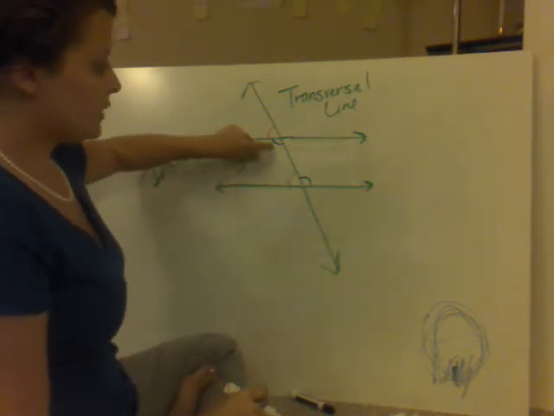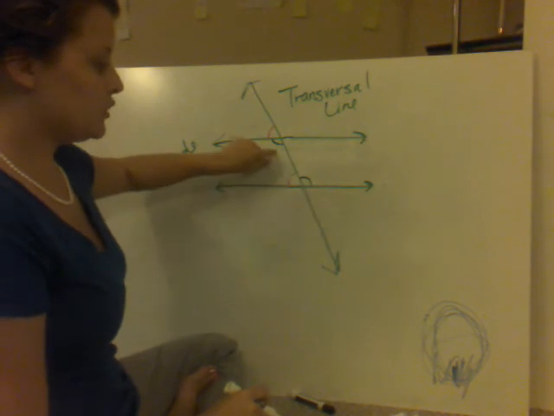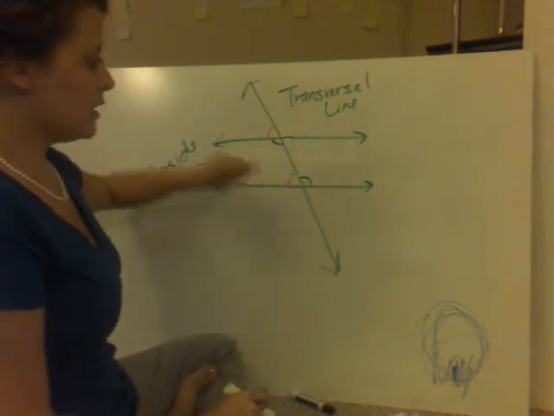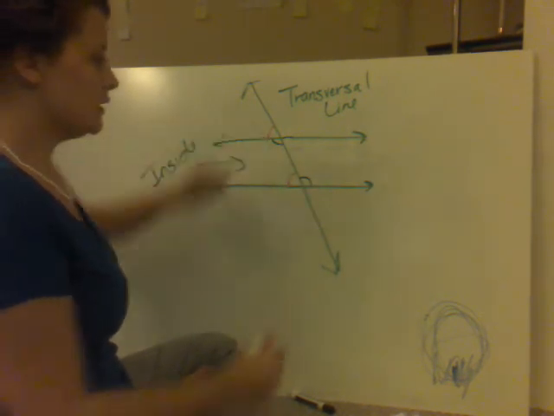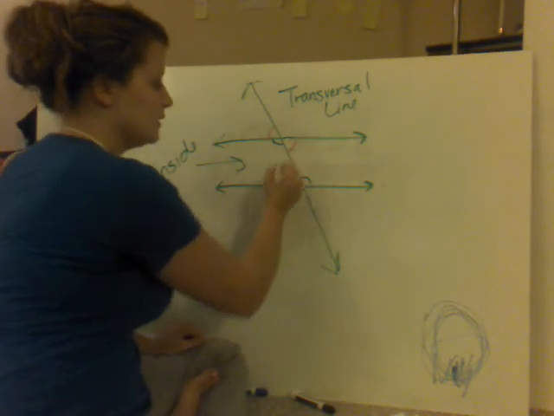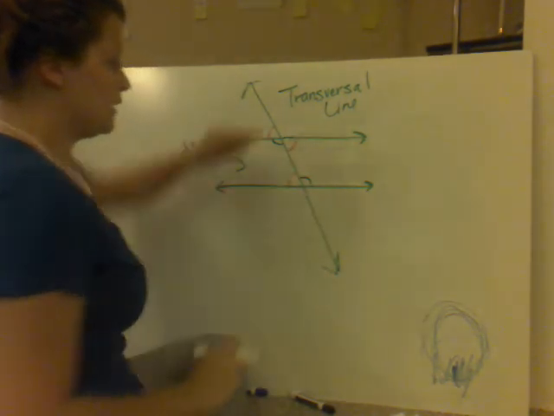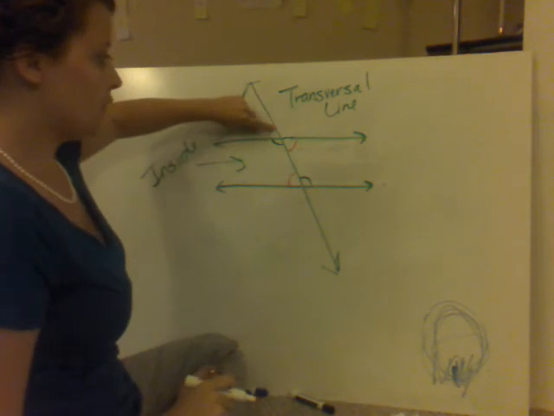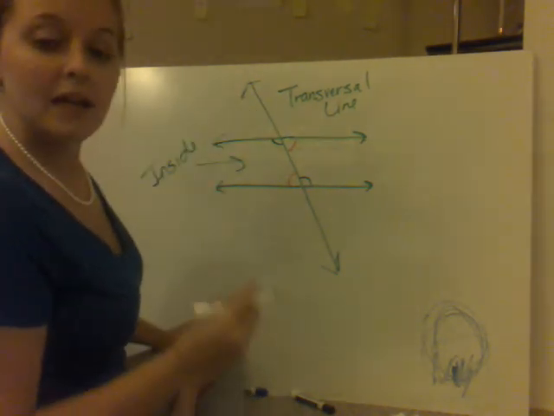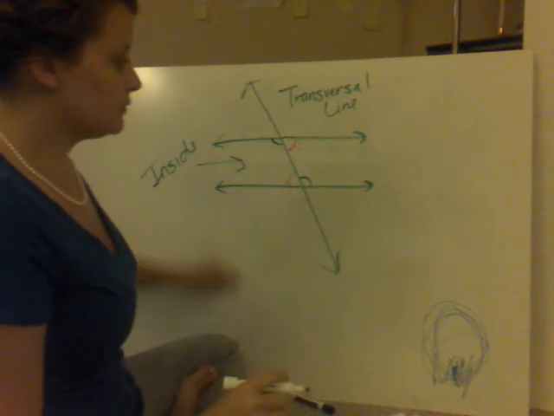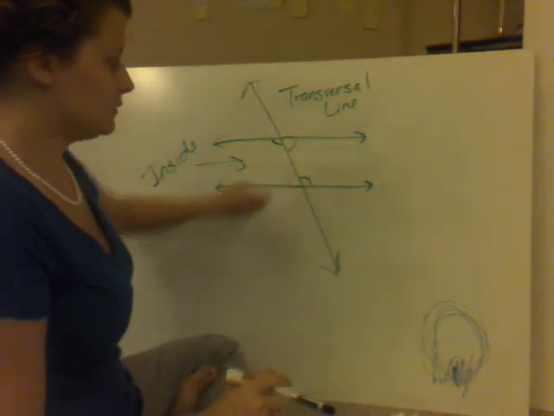So we have our alternating interior angles. These two right here are the same measurement because this is the same as this, is the same as this. Okay, so for what we're doing right now, we're just doing alternating interior angles. This and this.